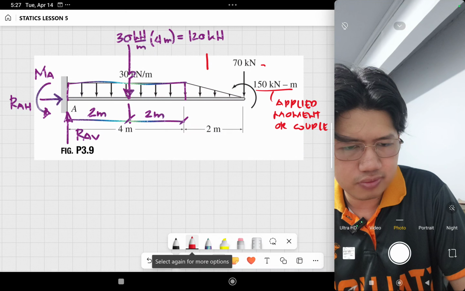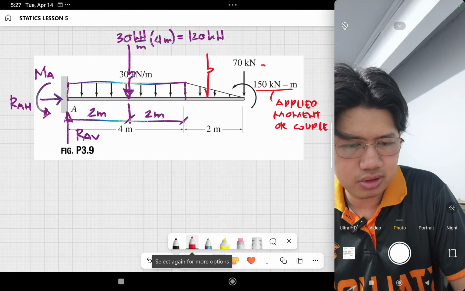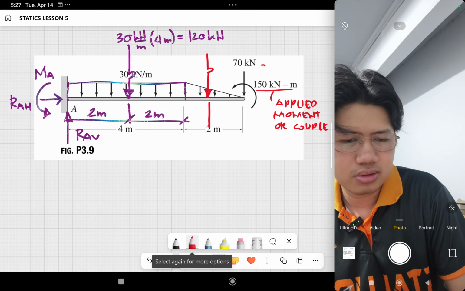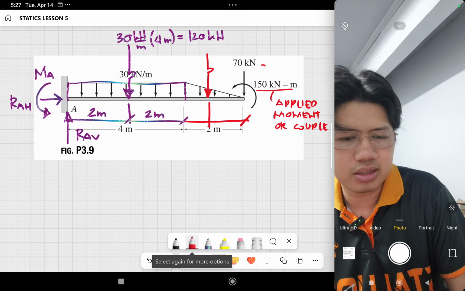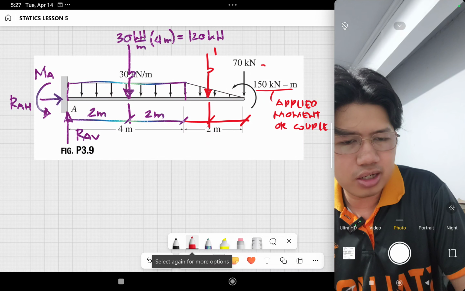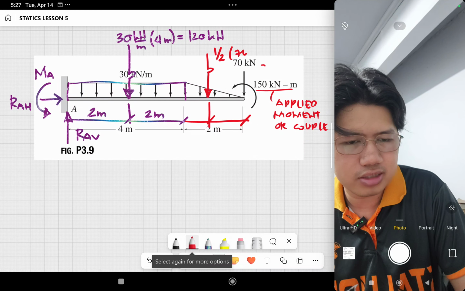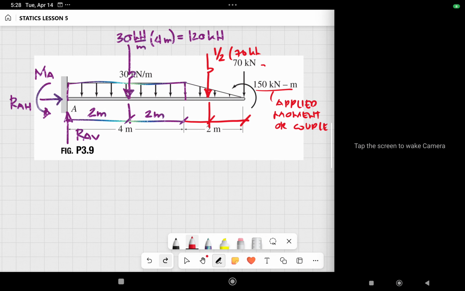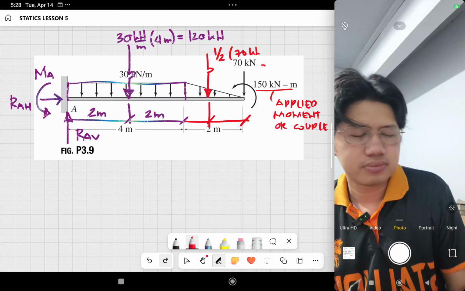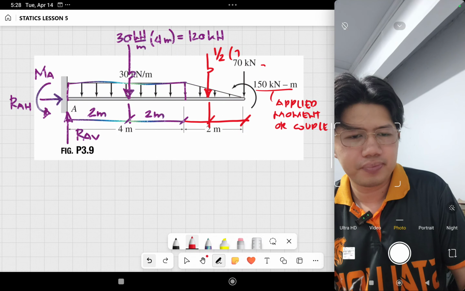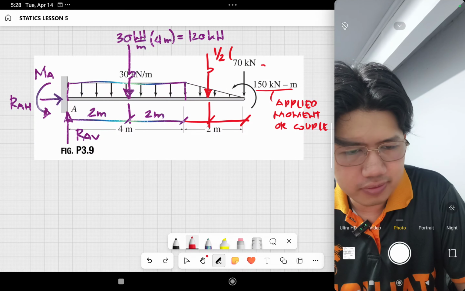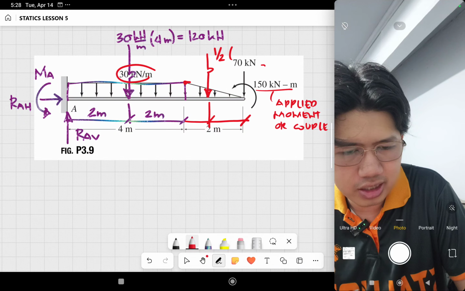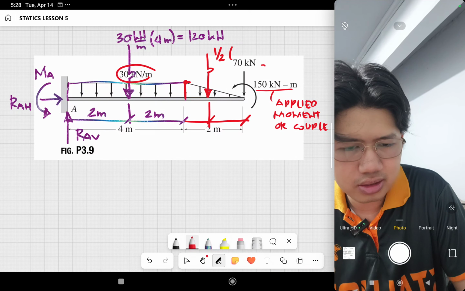Next, meron tayong uniformly varying or varying distribution load dito, or yung triangular load na tinatawag natin. So this is 1/2 area ng triangle. Sorry, iba yung tinignan ko. That is 1/2 times 30. Bakit 30? Kasi kapantay niya dito yung 30. No?